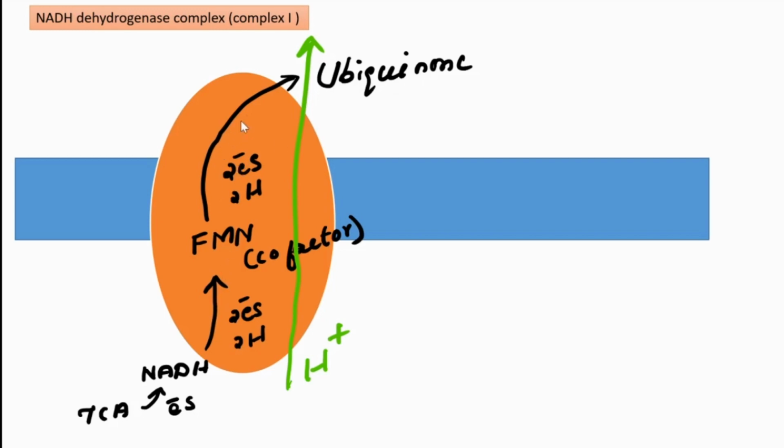Through this transport, so much energy, called free energy, is released. Using that free energy, some protons are also exported from the matrix to the intermembrane space. That way, the mitochondria start to build up a concentration gradient of protons across the inner mitochondrial membrane.